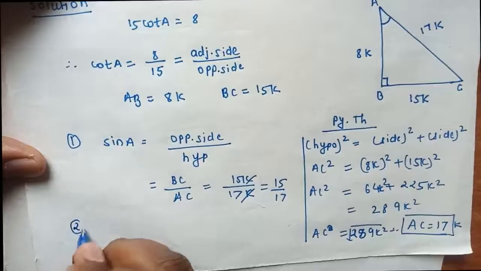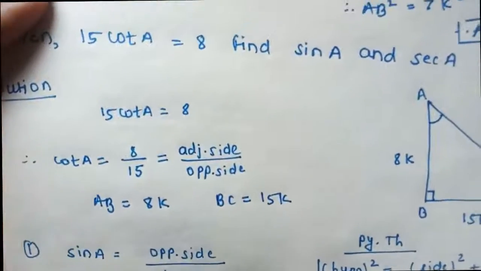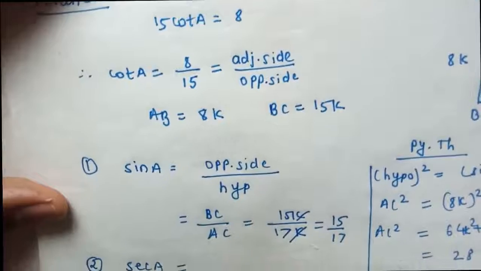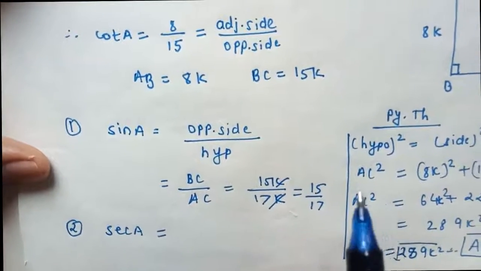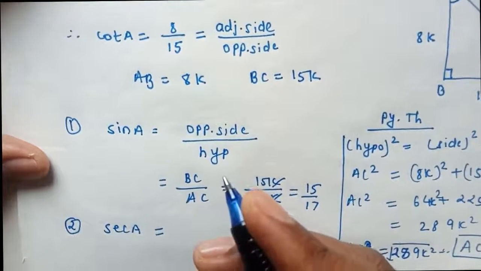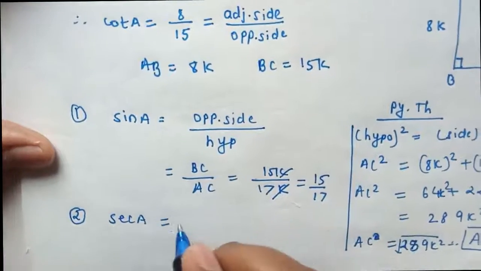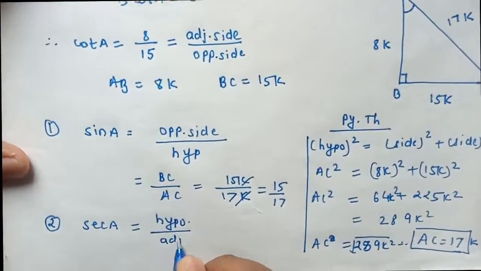Next, number 2 is sec A. Again we have to find the sec value for angle A. Now, as I told you in the first slide, sec is the reverse of cos. The cos formula is adjacent upon hypotenuse, so sec will be hypotenuse upon adjacent.